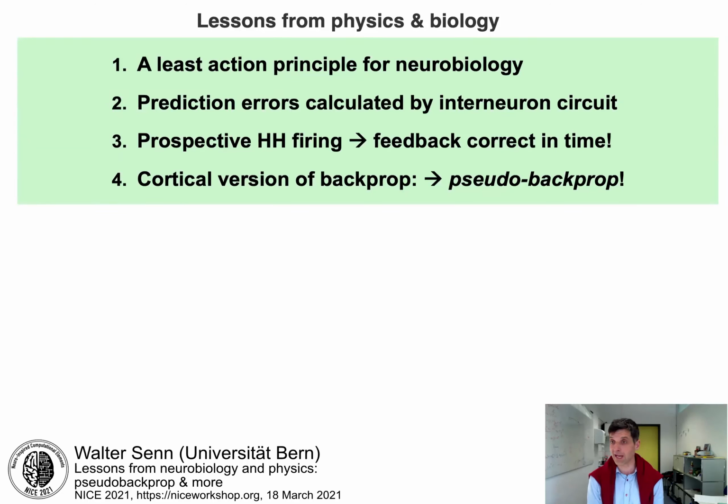So there is this least action principle from physics that we can map to neurobiology. We can now calculate these prediction errors locally by local microcircuitries. We have links to Hodgkin-Huxley, to the biophysics, to have correct in time prospective errors. And we have a new version of backprop, the pseudo-backprop.